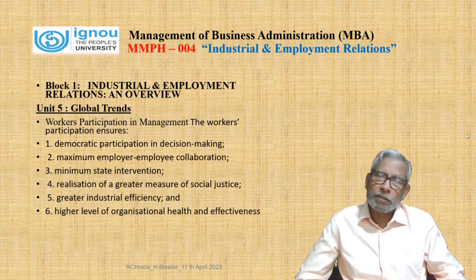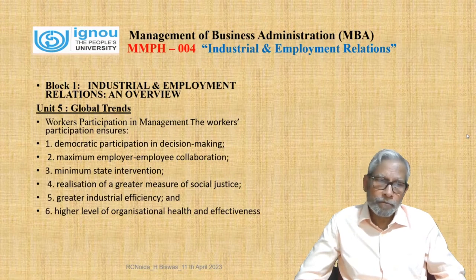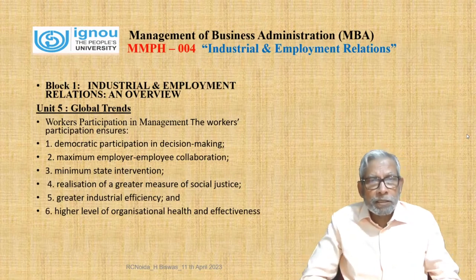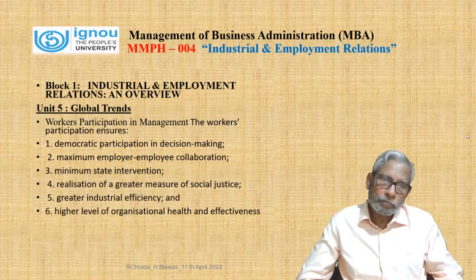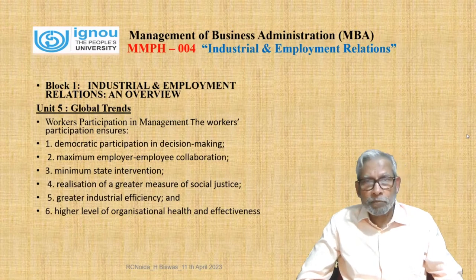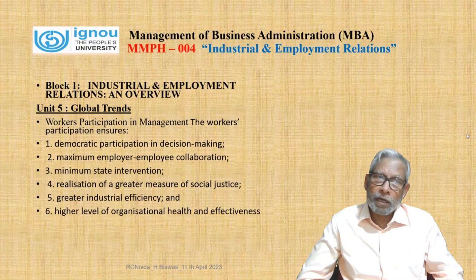So realization is more required for the greater measures. Greater industrial efficiency also is required, because if industry is not efficient, then it will affect production also. So greater industrial efficiency is much needed.